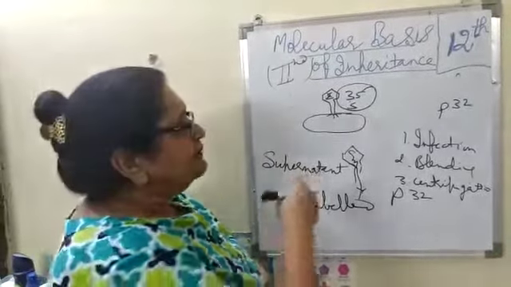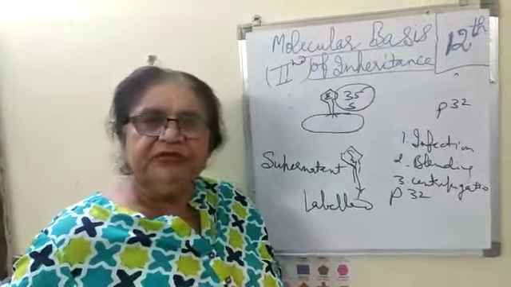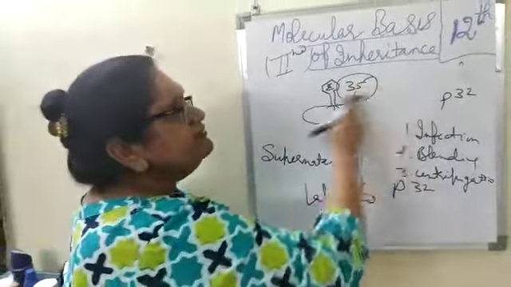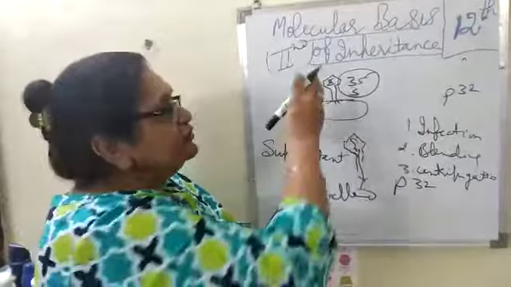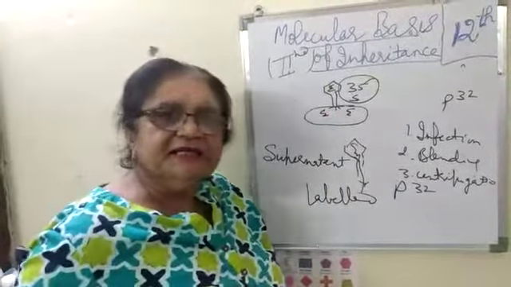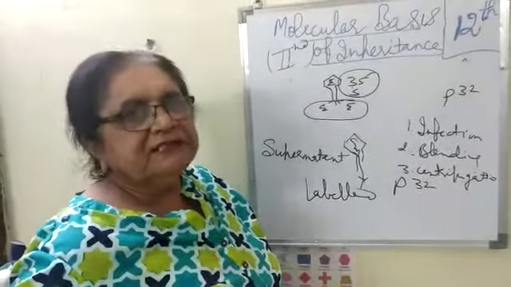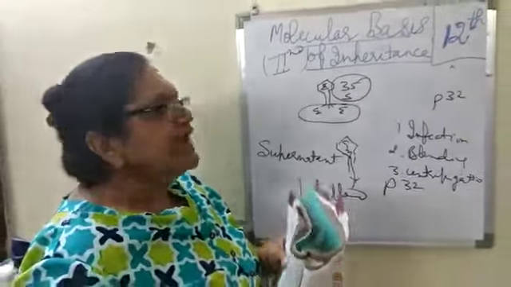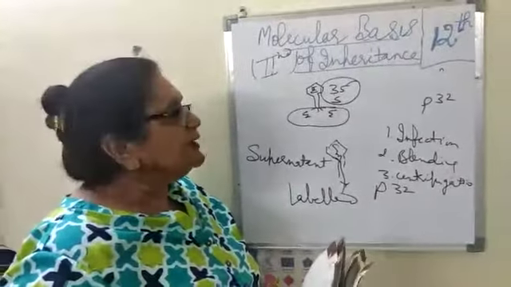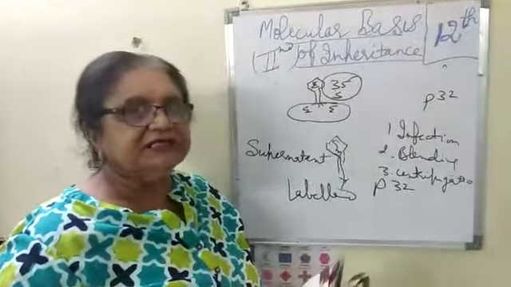So it proves that the genetic material, DNA, was transferred from the virus to inside and started replicating along with it. In the second case, the protein coat was left outside, the same as in both cases. So DNA enters and starts replicating along with the bacteria. So it proves that DNA acts as a genetic material, and this experiment is called the Hershey and Chase experiment.